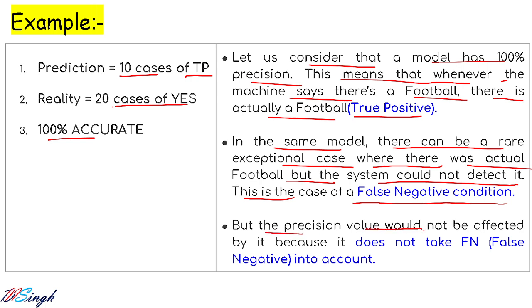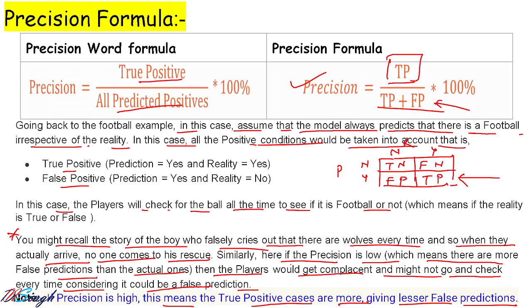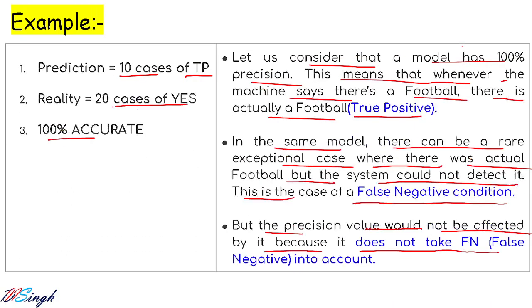But the precision value would not be affected by it, because if you see the precision formula, it does not take false negative (FN) values into account. And FN is generated when prediction and reality are not the same and the prediction value is no.